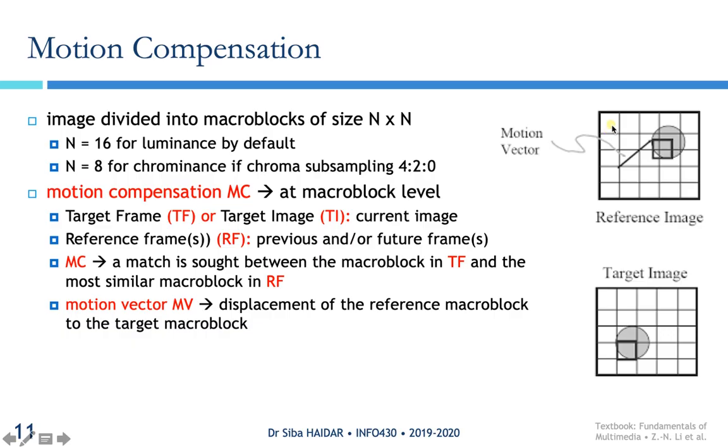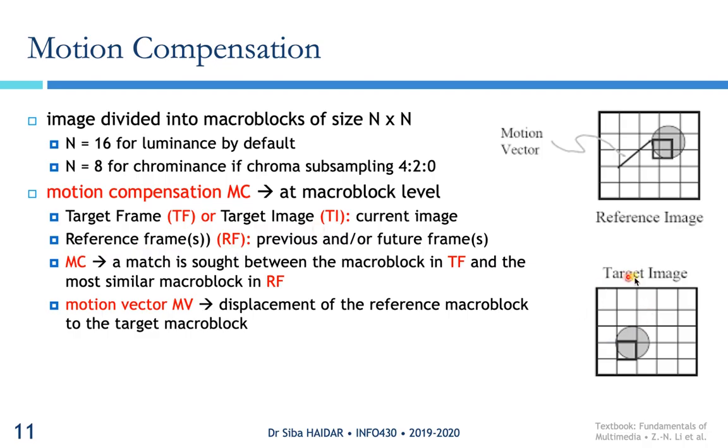So I will search for each square, each macro block, where it will be in the target image. I have a reference image, as you can see. I call it RI or RF, to say reference frame.